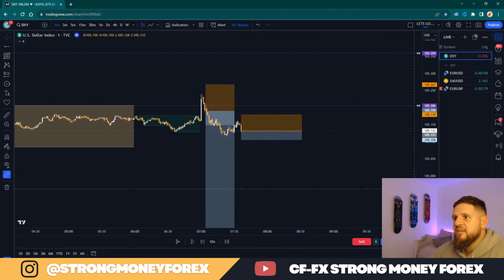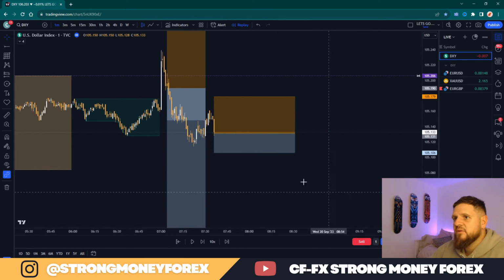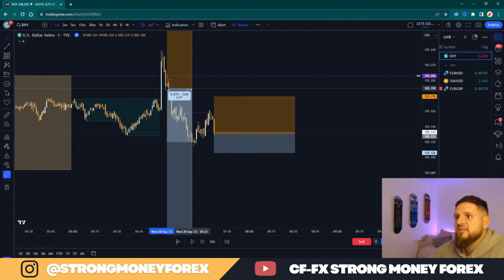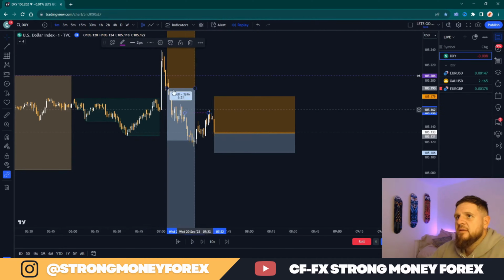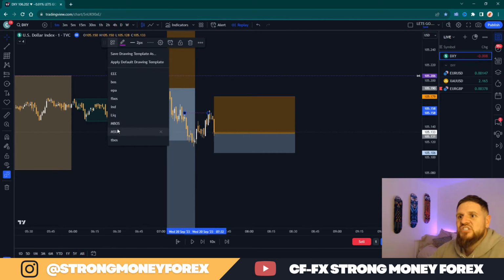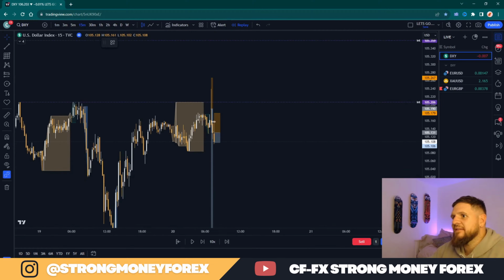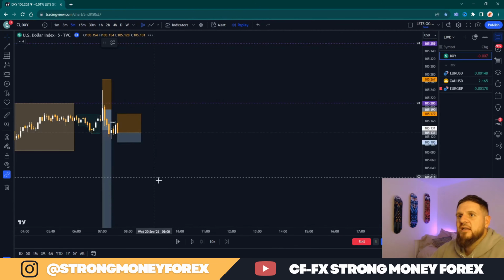That's relatively safe. This is now our manipulation setup: push down, push up, push down, push up, push down, manipulation. We know that we're ultimately bearish, so we're going to be looking for bearish setups. We've got a manipulation setup here. Let's mark that on as an MSU. We've got our engulfing pattern, stop above the high to the left. That should now run quite nicely down to that lower level.